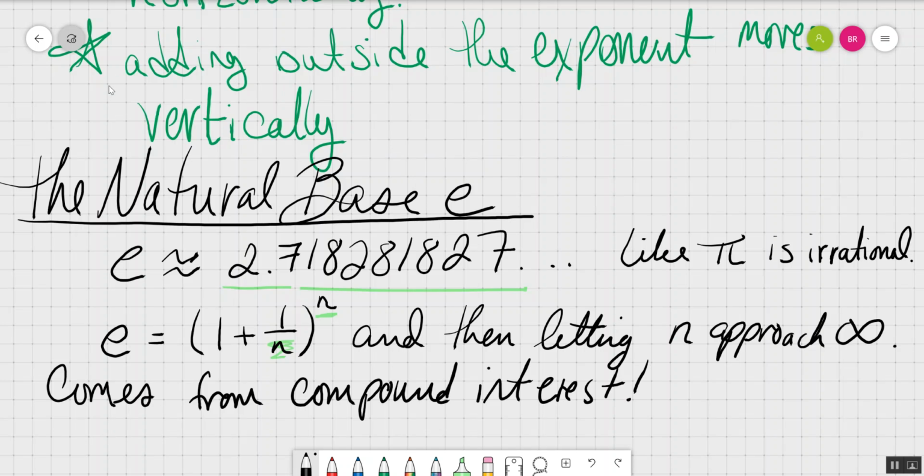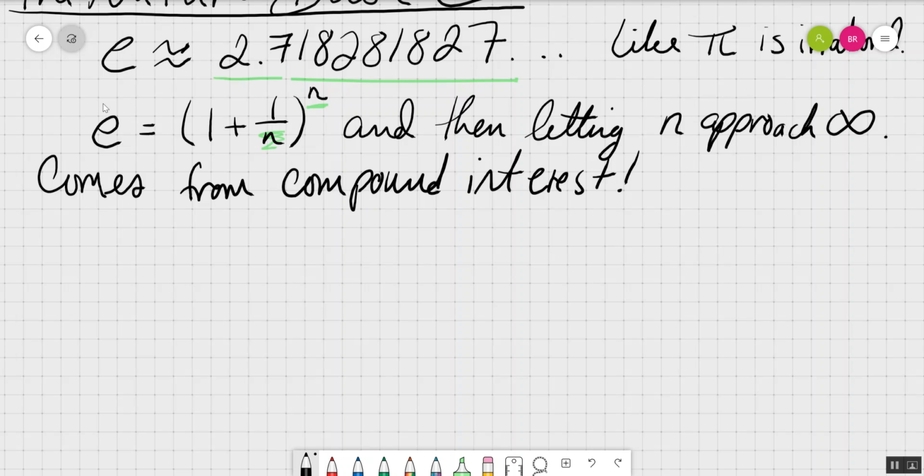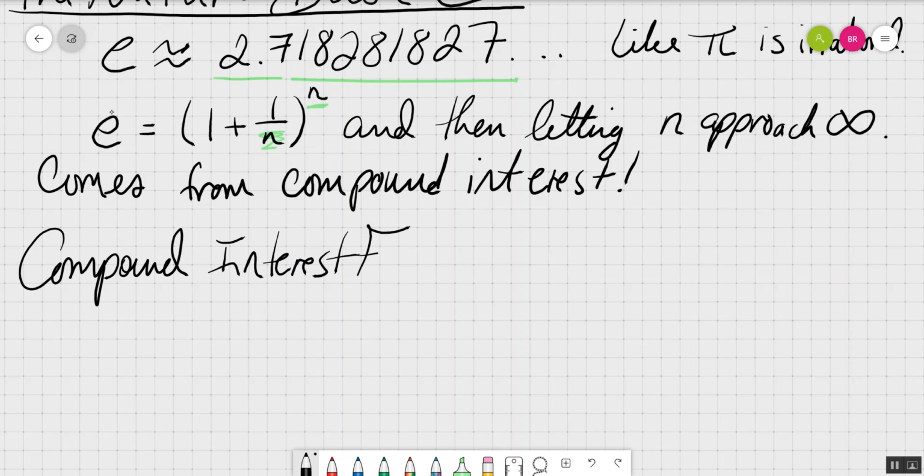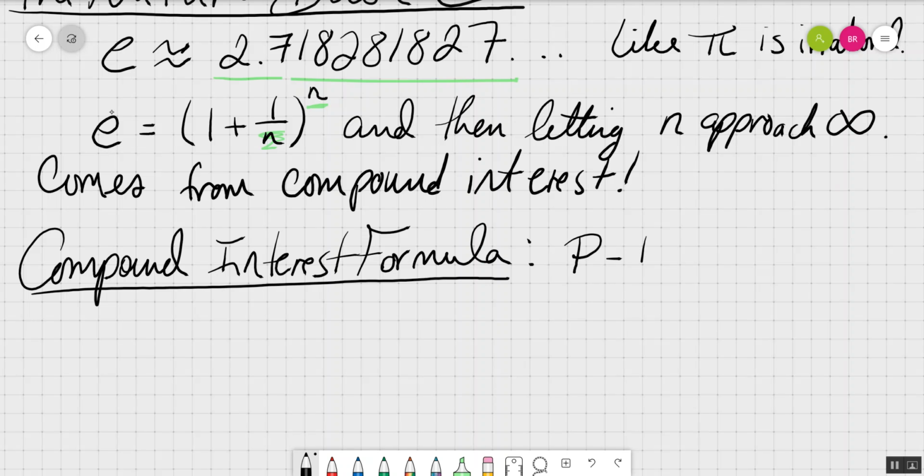So let me talk to you about what compound interest is. Compound interest is what happens when you save money or have to make payments. So you'll have some amount you initially put into an account, P, called the principal.